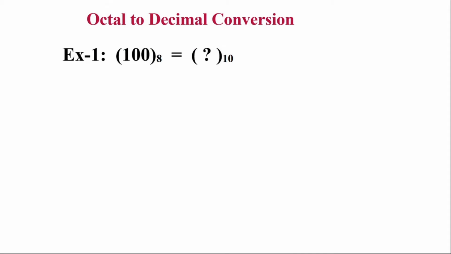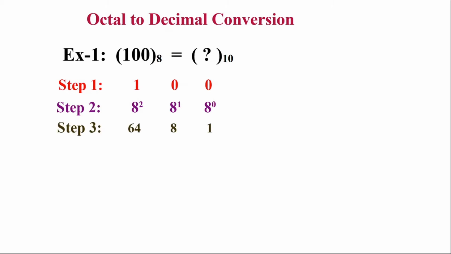Say, we have to convert the octal number 100 into decimal. Then, what we have to do? First, we have to write the octal number. The step 1. The step 2, we have to write the weight values corresponding to the digit positions.